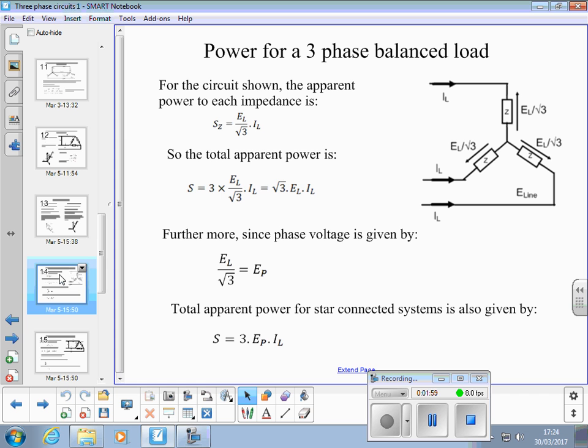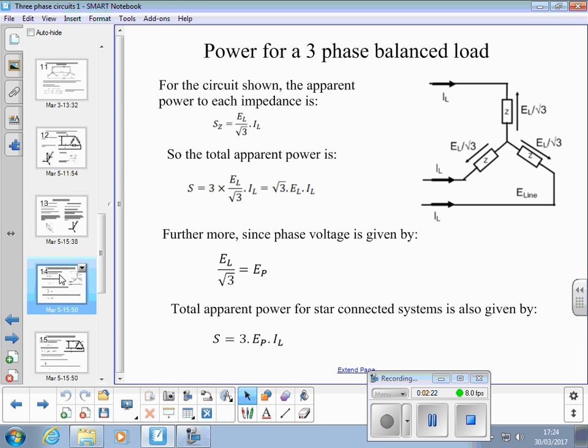Okay, so what we're going to move on to now is power for a three-phase balanced load. For the circuit shown, the apparent power to each impedance, SZ, is the line voltage divided by √3.